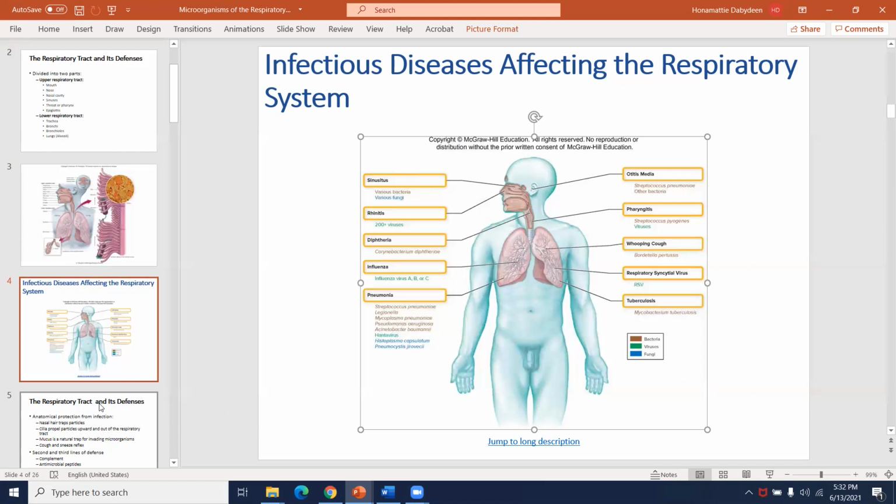So how do we acquire these diseases? Well, diseases of the respiratory tract invariably are acquired by inhaling something. Usually an individual has an infection, and one of the major symptoms of respiratory tract infections is sneezing and coughing and things like that. Sometimes they create aerosols, little droplets with organisms in them, in the air.